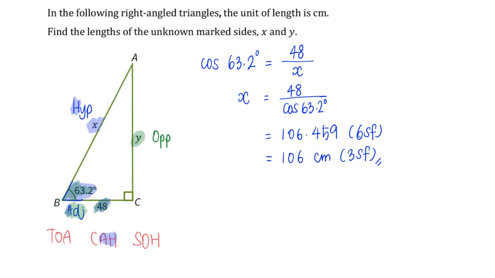And now with A and O, which of the trigonometric ratios should I use? Yes, it will be my tangent ratio that I am going to make use of to solve for my y. So tangent of 63.2 degrees is equal to opposite divided by adjacent.